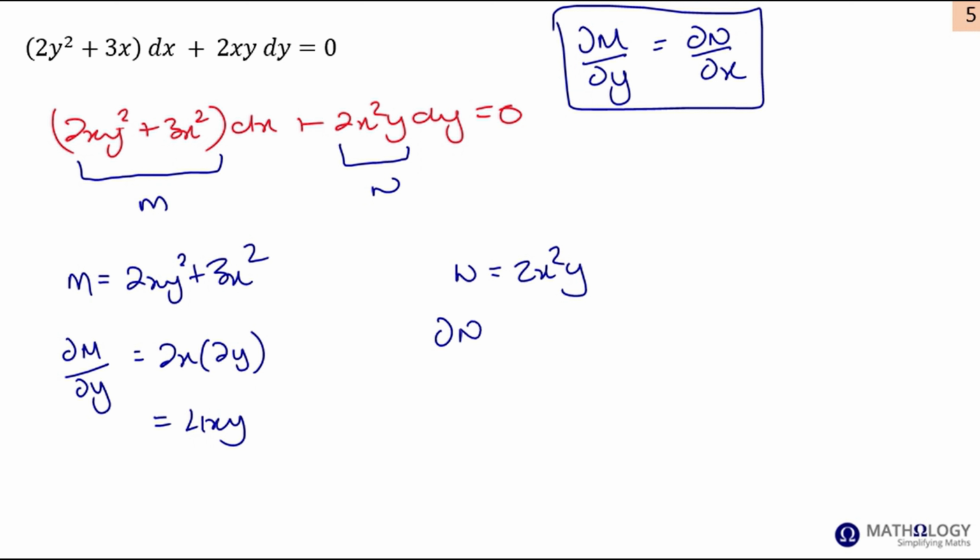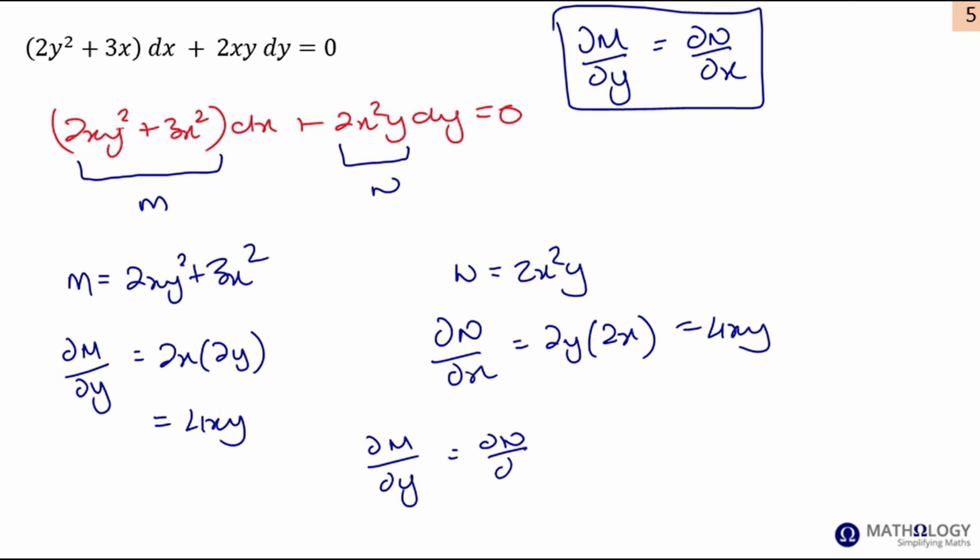The partial derivative of N with respect to x will be 2 times y will be the constant. And the derivative of x squared will be 2x, so that equals 4xy. So now the partial derivative of M with respect to y equals the partial derivative of N with respect to x. So therefore the DE is now exact.